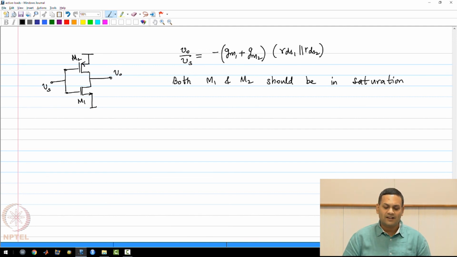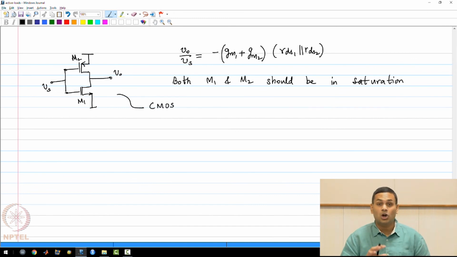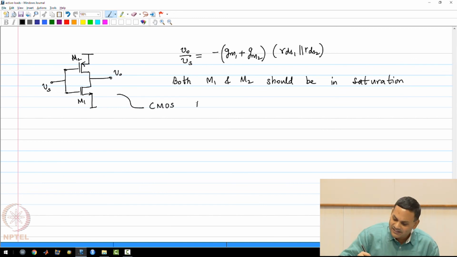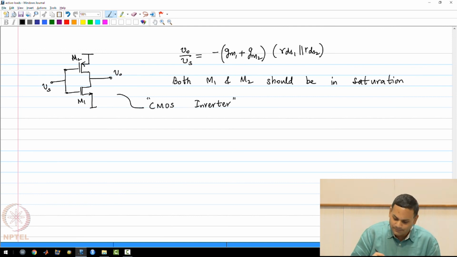Those of you who have taken a course on digital integrated circuits will know that this circuit is actually used in digital design, not in a small signal fashion, as the CMOS inverter. In those cases, you do not apply a small signal voltage at the input, and you don't take a small signal voltage at the output. And I encourage all of you to go back and draw the Vout versus Vin DC characteristics for this circuit.